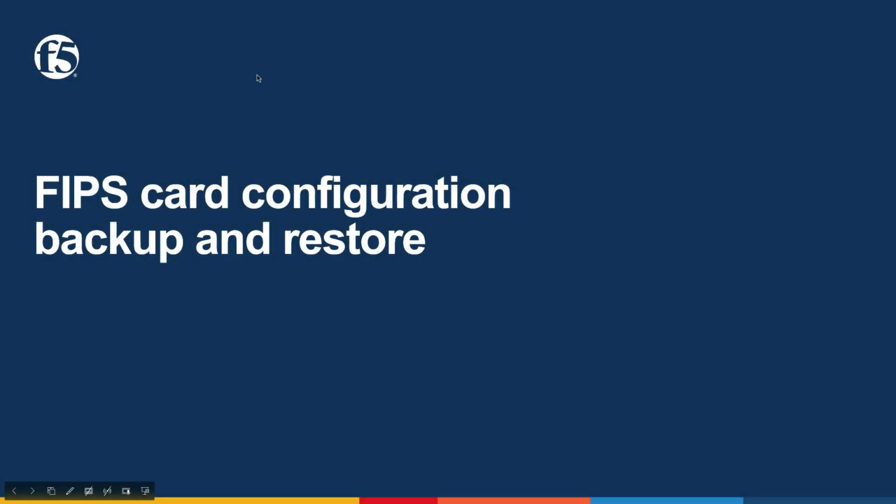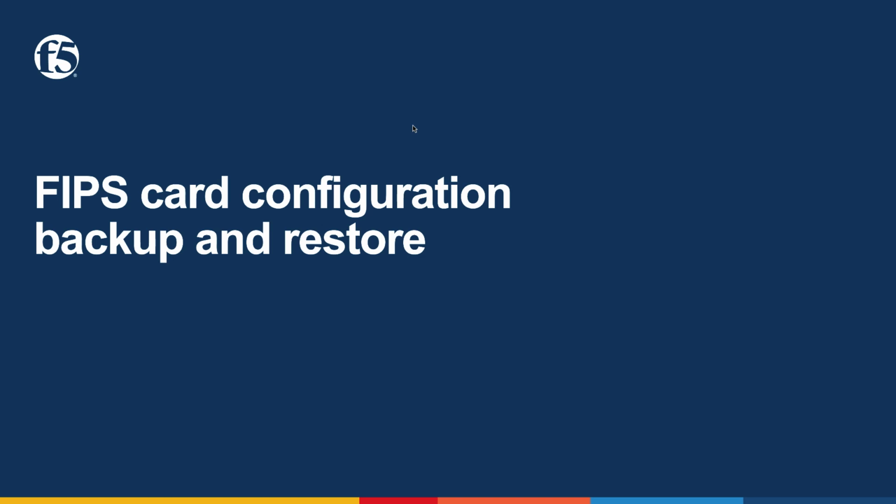It is important to note that during the FIPS card configuration backup and restore process, FIPS card configuration objects on the source BIG-IP's FIPS card, such as the SO password and the FIPS domain, are also backed up and restored to the FIPS partition assigned to the rSeries tenant, in addition to the FIPS keys themselves.